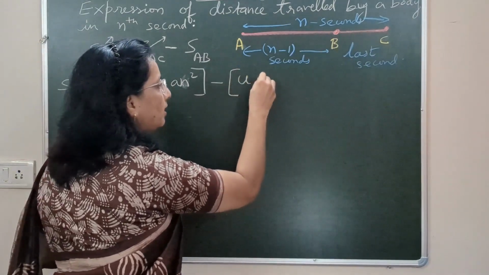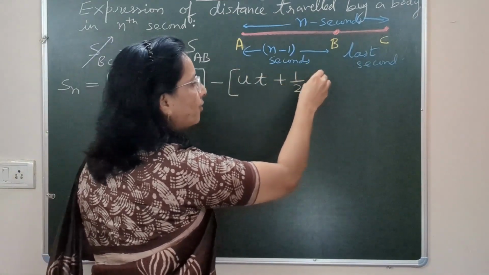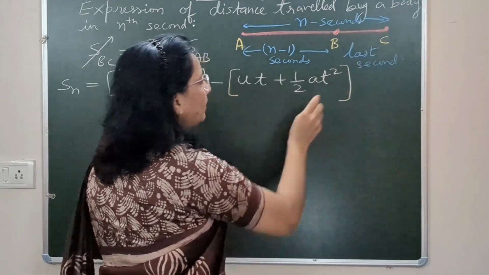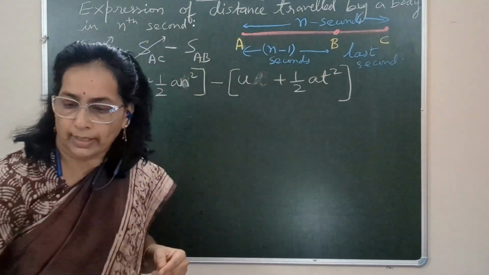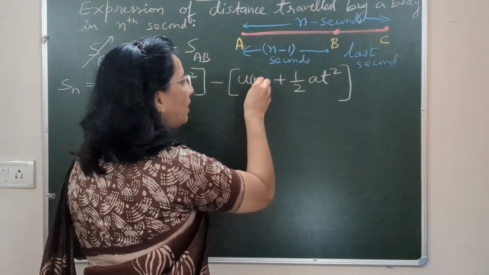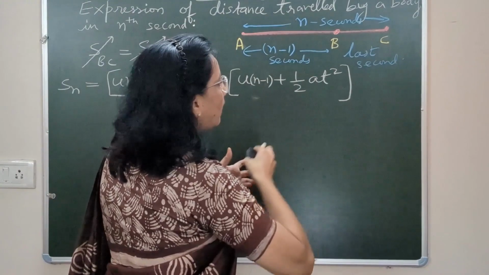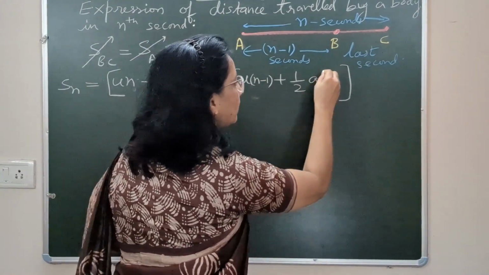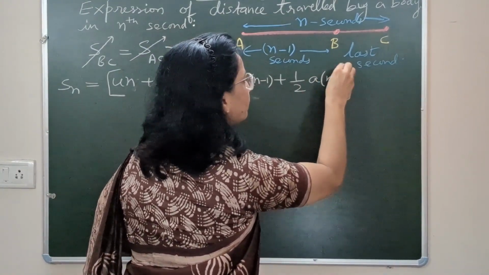This is ut plus half at square. And here every t will be written as n minus 1 because A to B time taken is n minus 1.